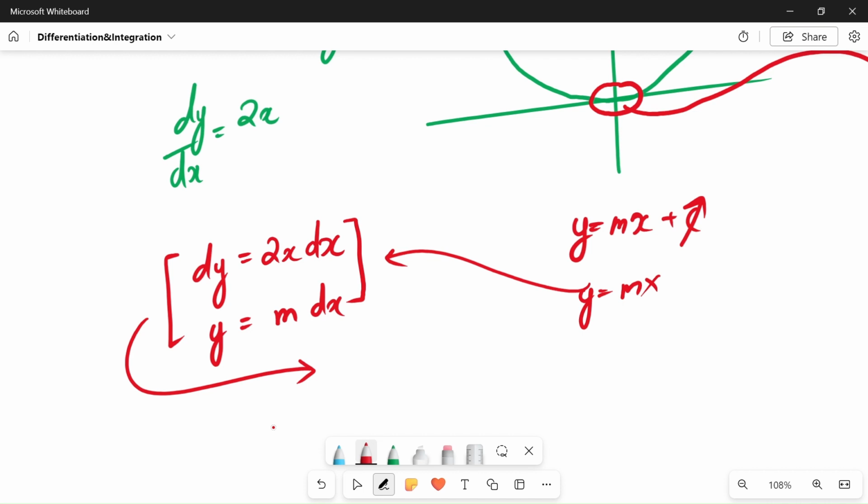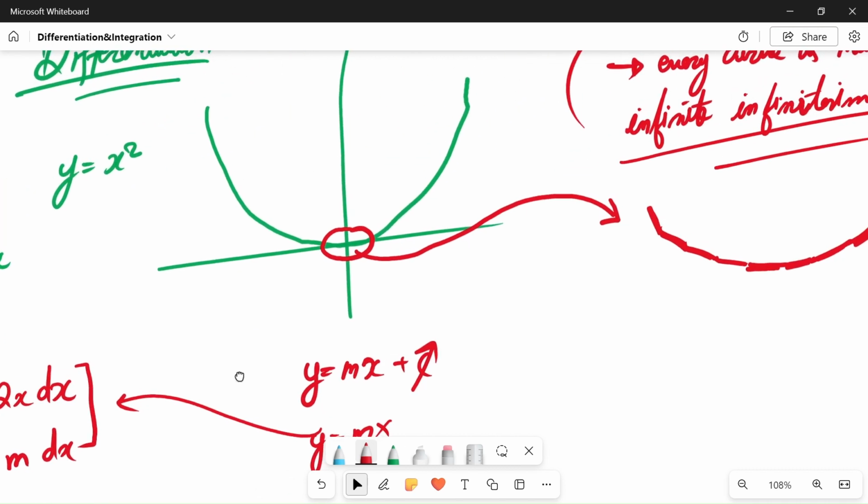So differentiation is actually the breakdown of a curve into its parent straight line form. What it does is it gives you the parental straight line equation for all the neighborhoods of x.